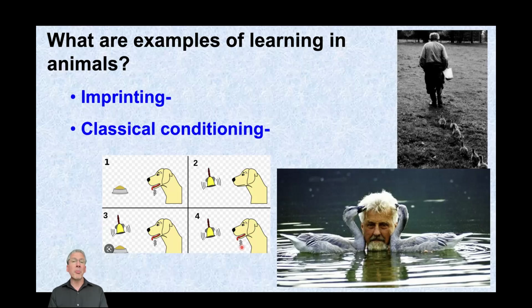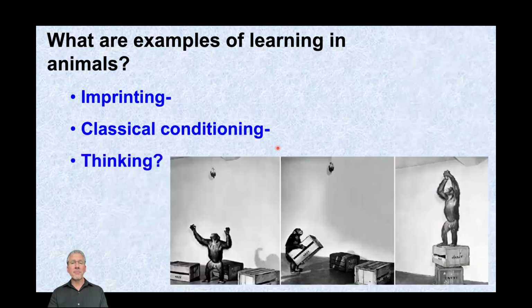You may have also heard of operant conditioning, a similar situation, but this is where we're essentially trying to teach animals certain things by using rewards or punishment. So a little different than classical conditioning, but somewhat similar nonetheless. And if you think about it ultimately, are animals able to think?